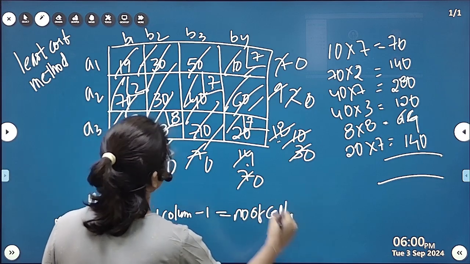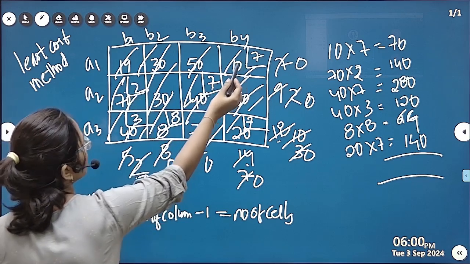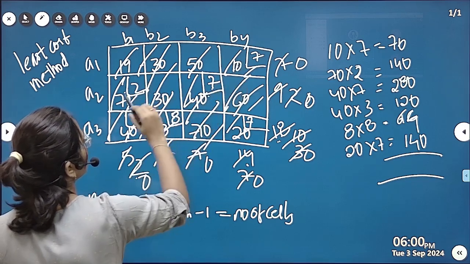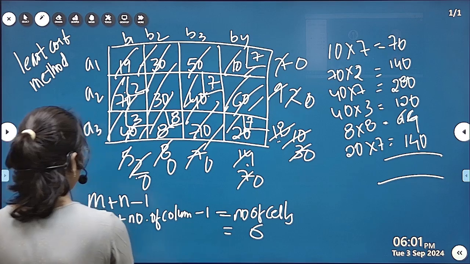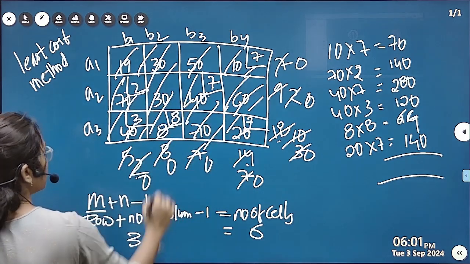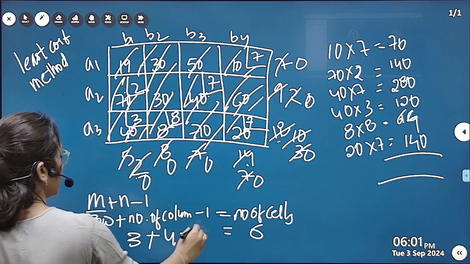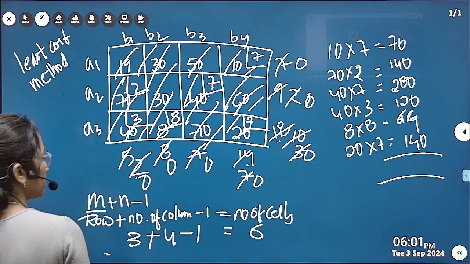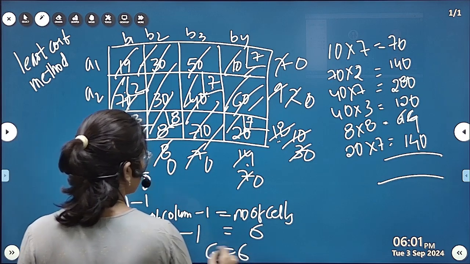Number of cells matlab whatever we have taken these numbers, right? So these are the cells. 1, 2, 3, 4, 5, 6 cells we have got here. So number of rows are 1, 2, 3 plus 1, 2, 3, 4. So minus 1. So here 7 minus 1, 6. So the 6 is equal to 6.